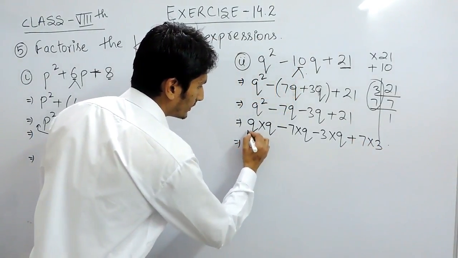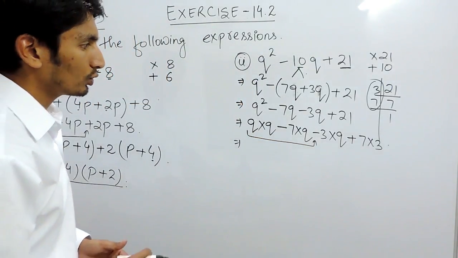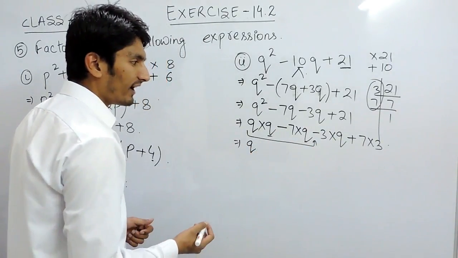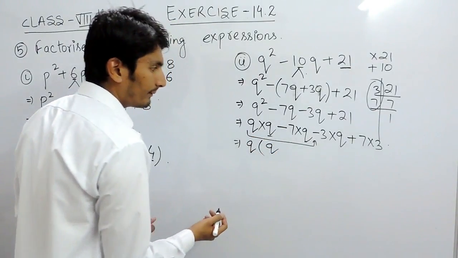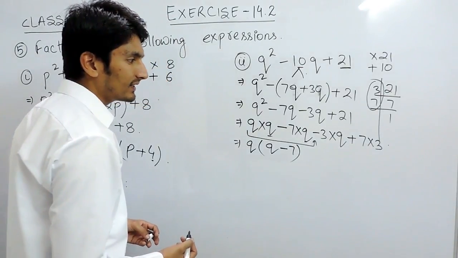Now you have to regroup it, or you can say take common from the first two terms. Clearly, q is a common factor. If I take q as common, q will remain and minus 7 will remain from the second term.